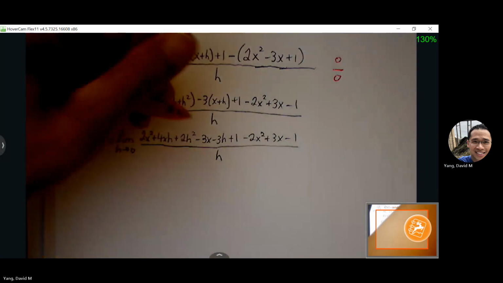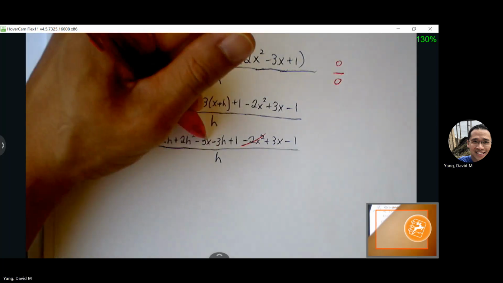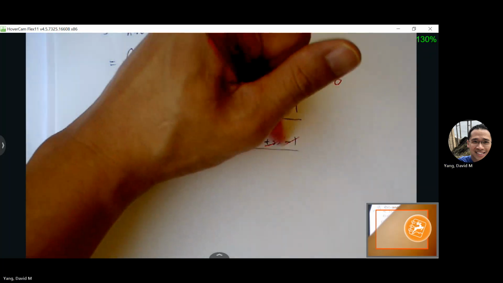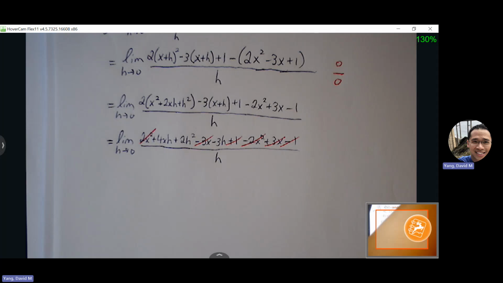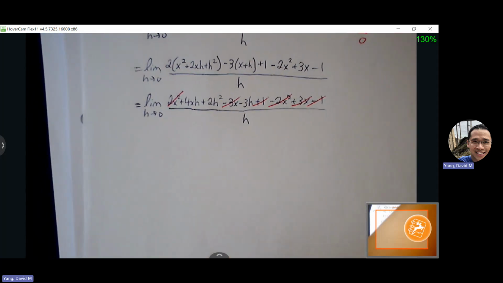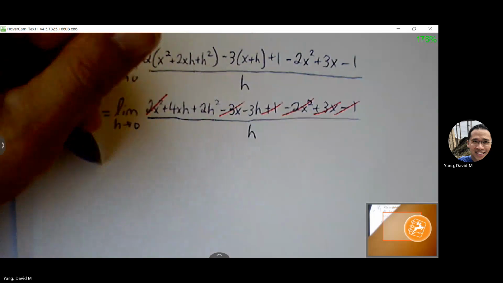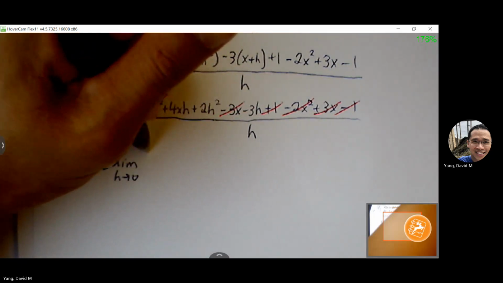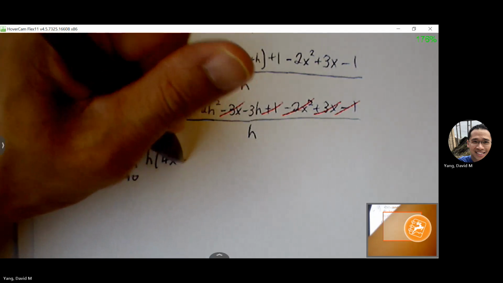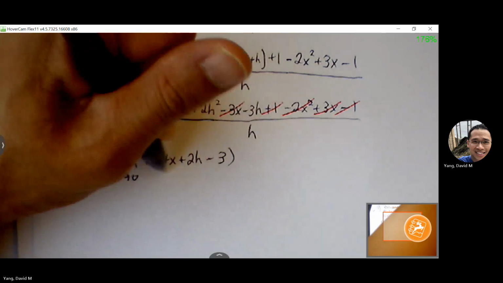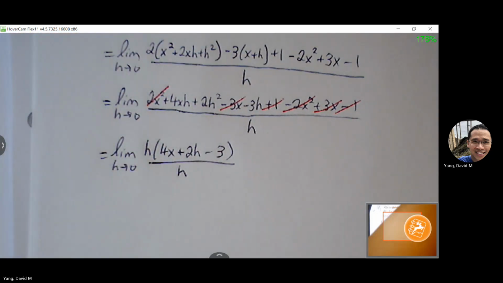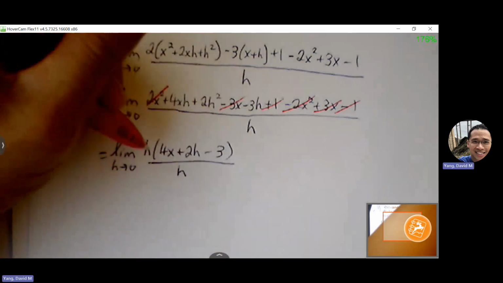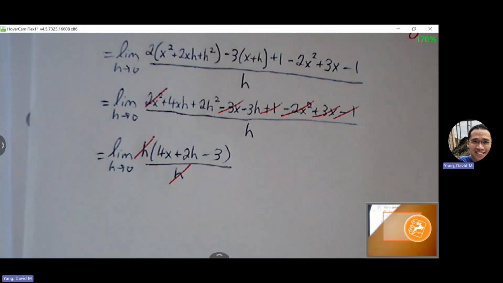Okay, take out a bunch of like terms. And the remaining terms, we should be able to factor an h out of. And h goes away, just like what we want and expect.